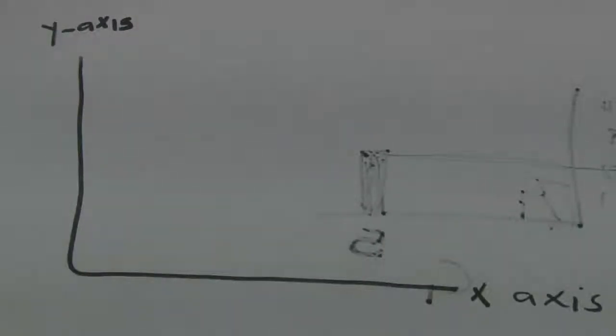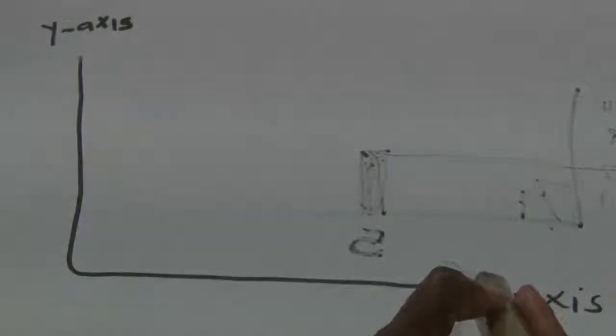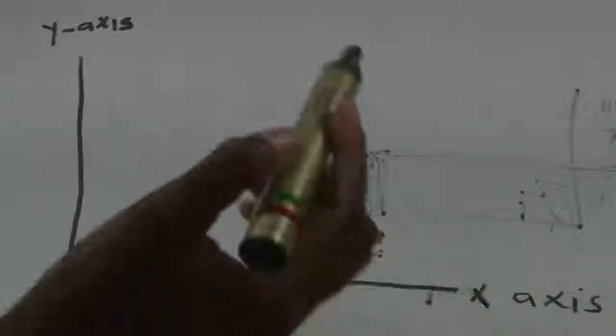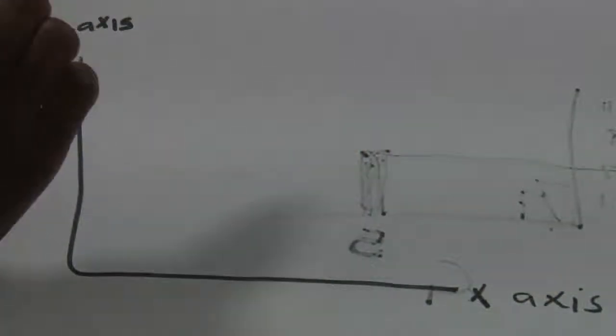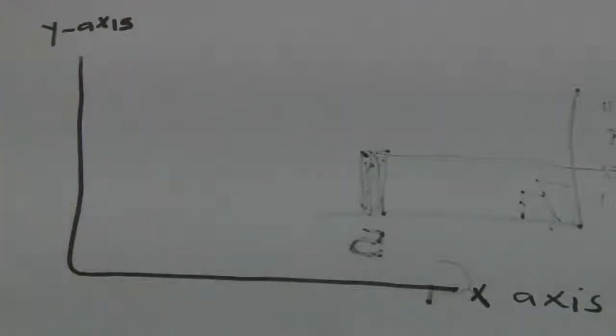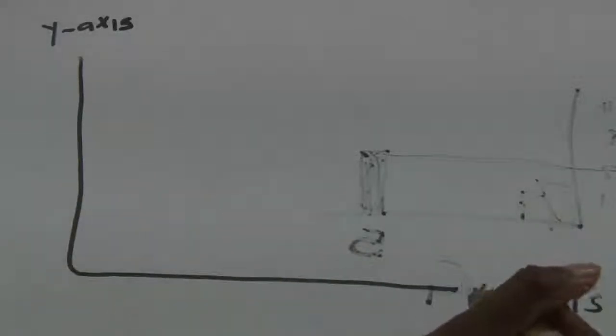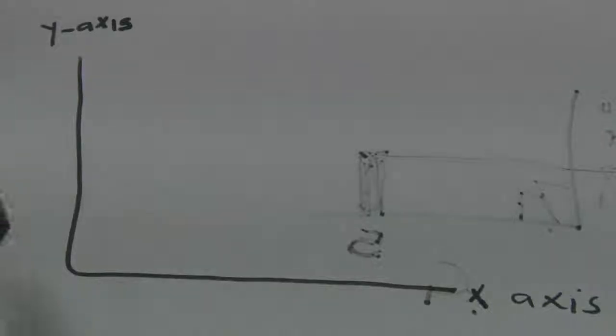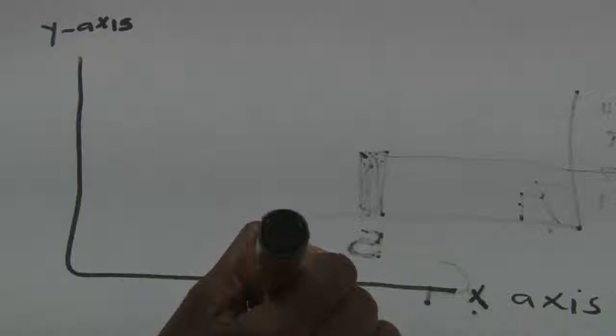So you label them as such, and the x-axis is always your independent variable, and your y-axis is always your dependent variable. So when you get your information, the information for the independent variable, you put it on the x-axis, and the dependent variable, you label it on the y-axis.